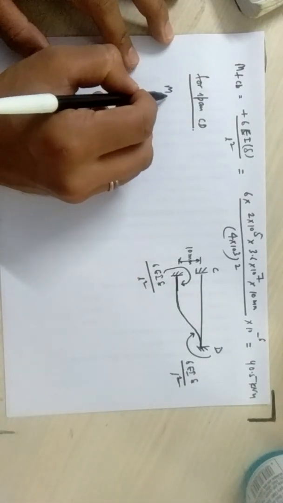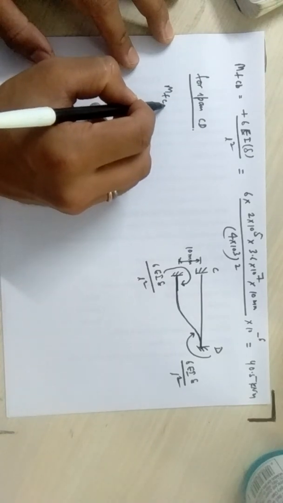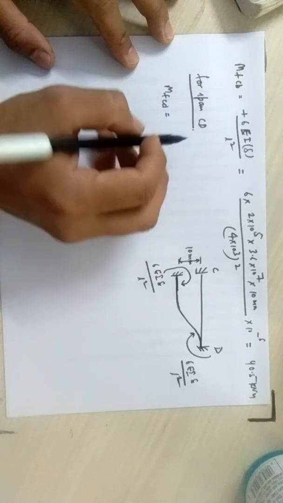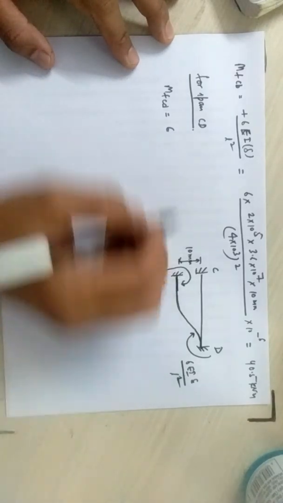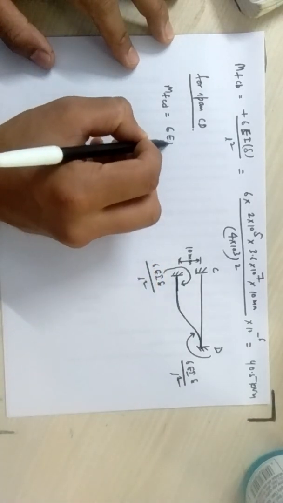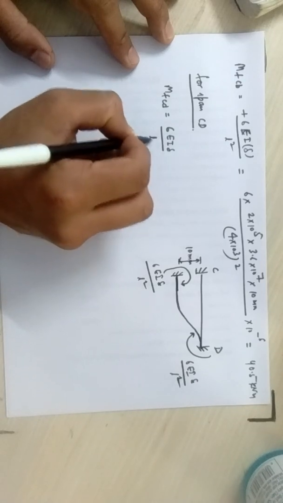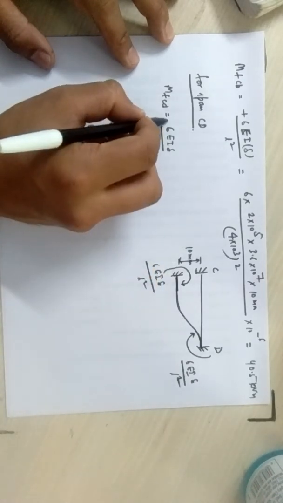So MFCD will be equal to 6 EI delta upon L square, and since it is clockwise, we will take it as positive.